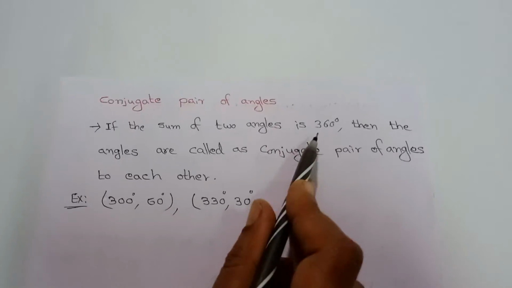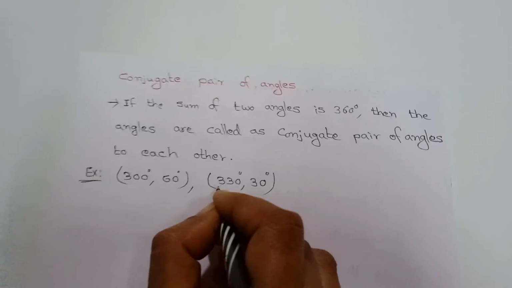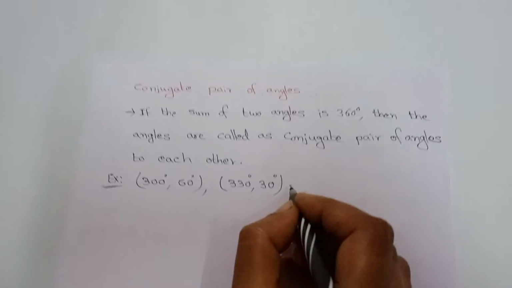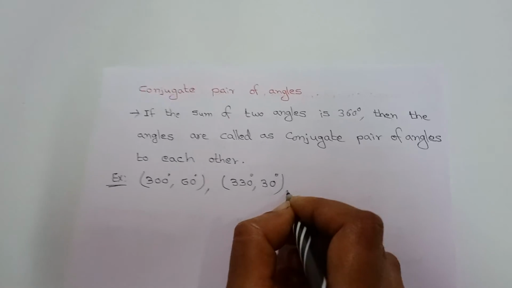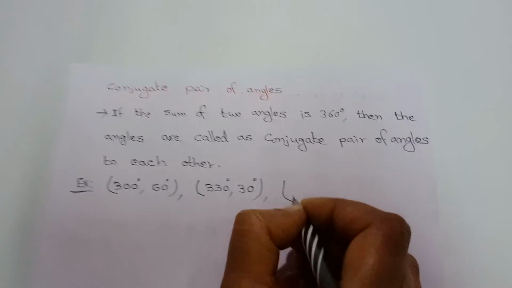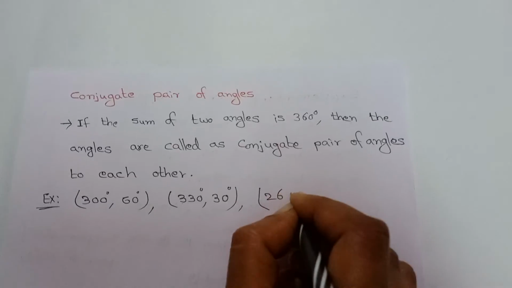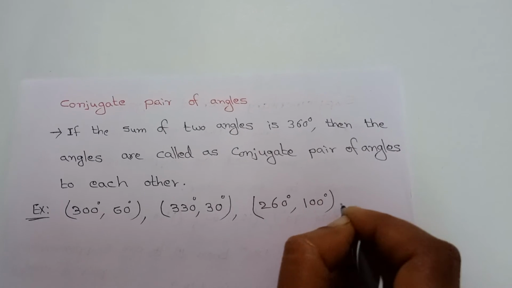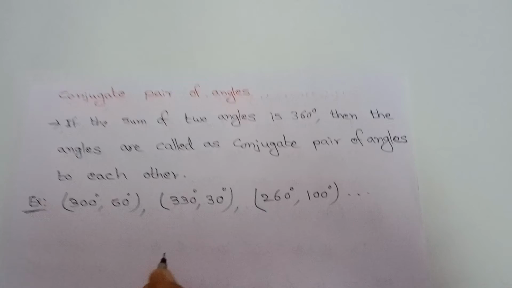Sum is 360. That's why 330 and 30 degrees are conjugate angles to each other. 260 degrees, 100 degrees and so on.